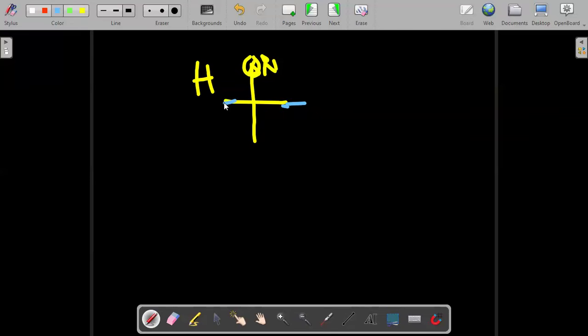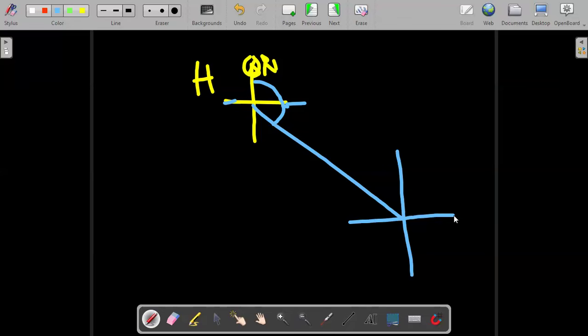I'll start from 0. 0 to here is 90, and 90 to somewhere here is 145. So let's say you travel like this. Here is now 145 degrees, a distance of 30 kilometers. Now, you will agree with me that the ship is not here. And under this point, here is my north, which is 0 degrees.